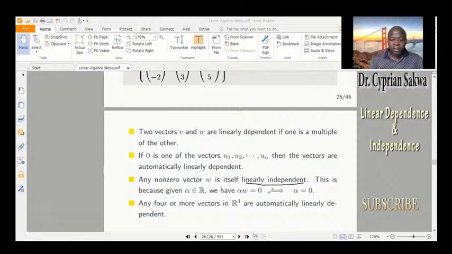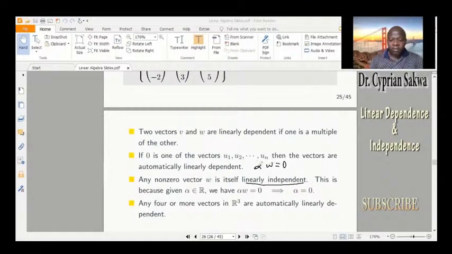Supposing we are given vector w, and we are saying that vector w on its own is linearly independent, because if I obtain a scalar alpha multiplied by w, and I'm using my second definition of linear dependence, you would see that alpha here would be 0, so all the scalars will be 0.